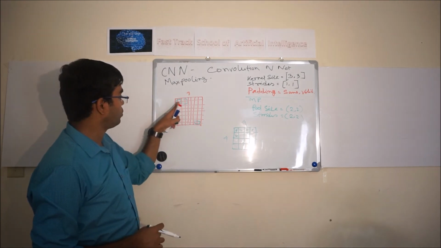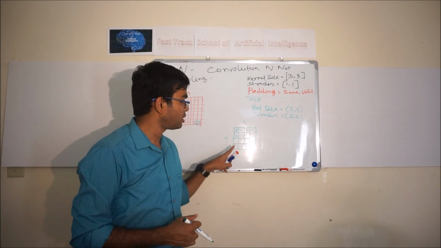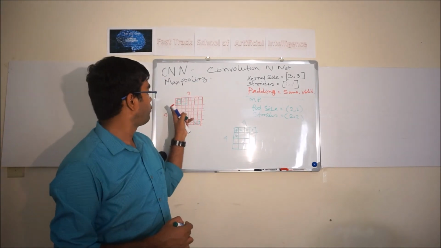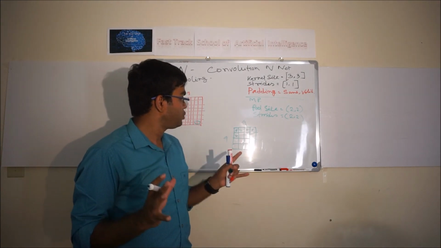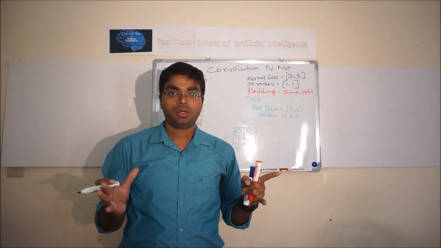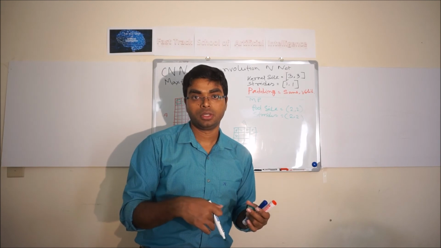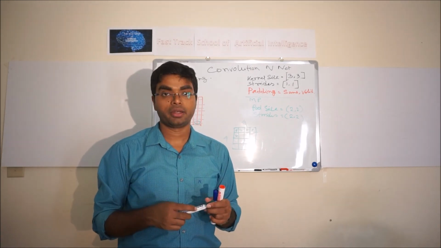Whatever the boldest pixels are, we pick those and place them here. So from a bigger image, we reduce the image size to a controllable format so that we can do further dense, flatten, or fully connected operations on top of it.